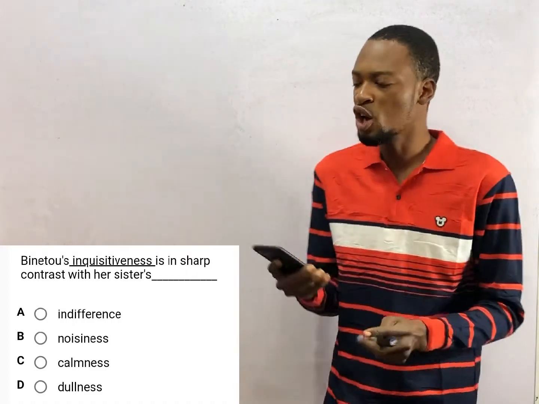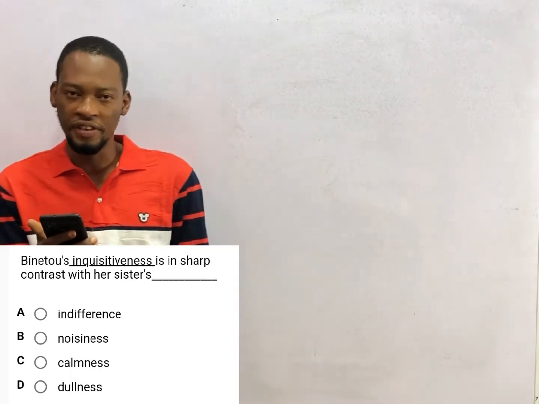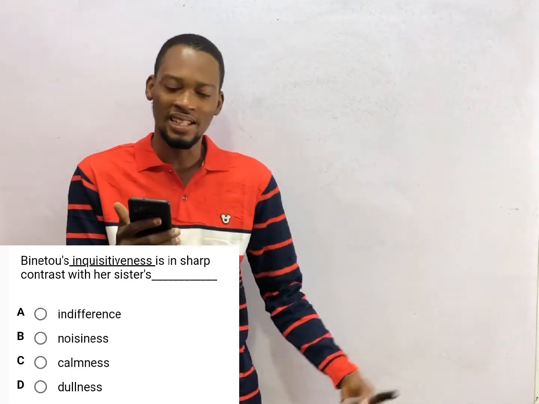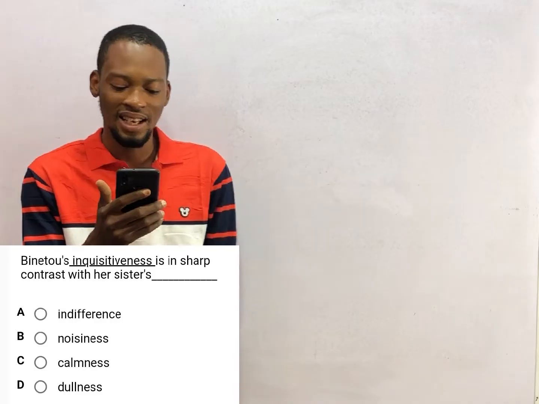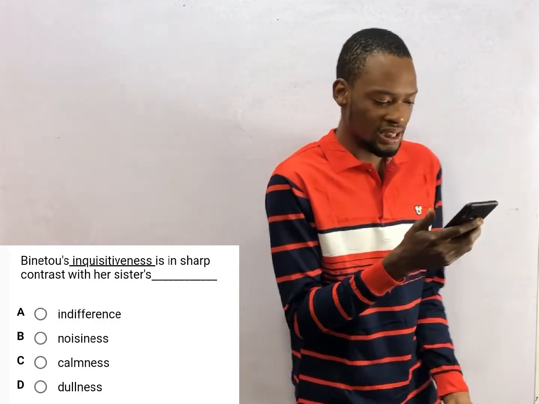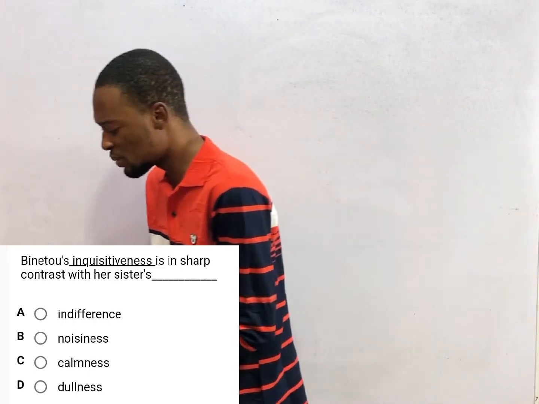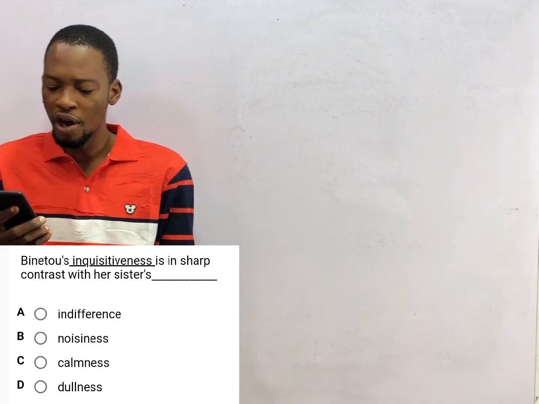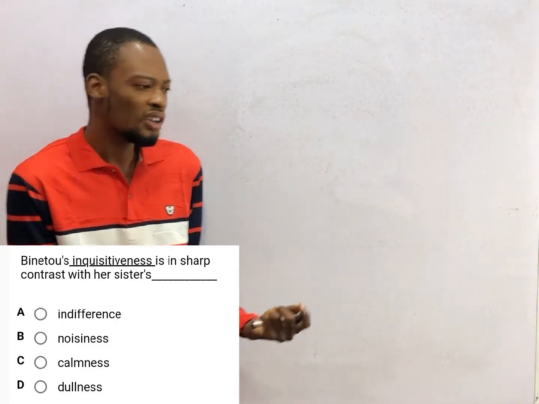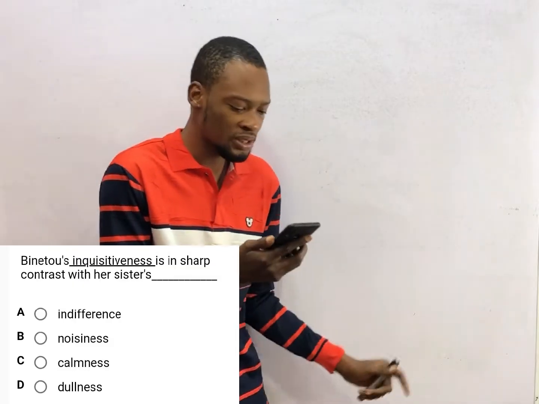So, what is the opposite of inquisitiveness? A. Indifference. B. Noisiness. C. Calmness. And D. Dullness. If inquisitiveness means to be eager or curious about something, the opposite should simply mean not curious or eager to know something, or lack of interest, lack of attention about something.